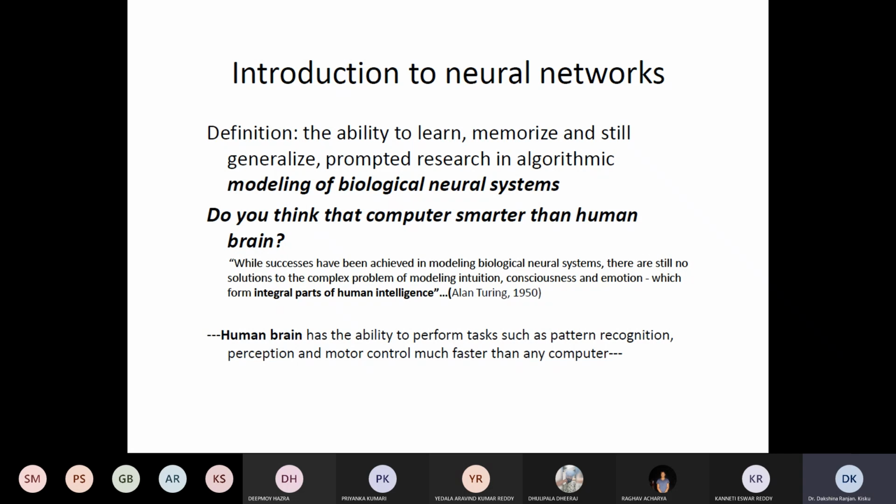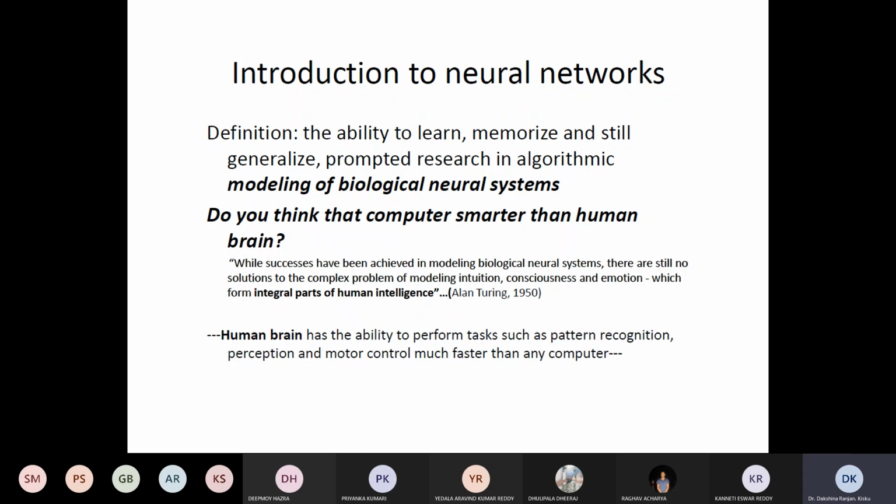Okay, and these neural networks are considered a subset of machine learning, and they are also the heart of deep learning. So, if I consider the human brain, it has the ability to perform different tasks such as pattern recognition, perception, then motor control, much faster than any computer.